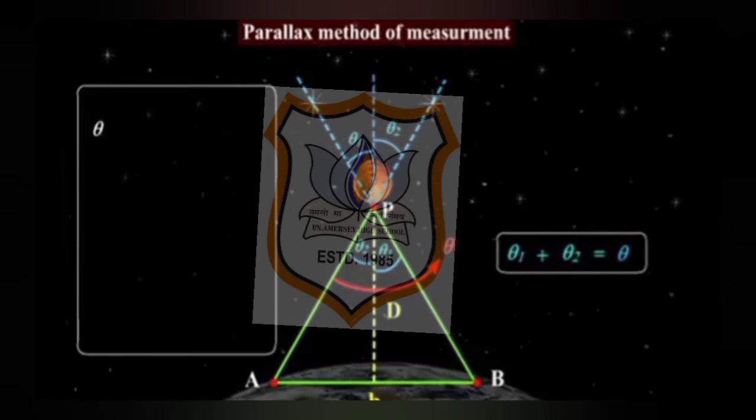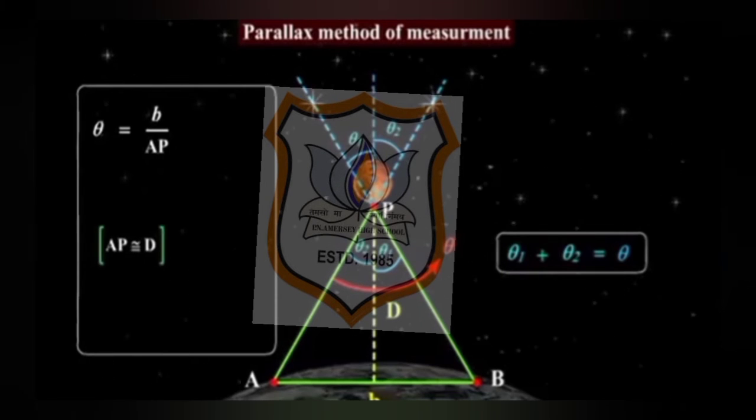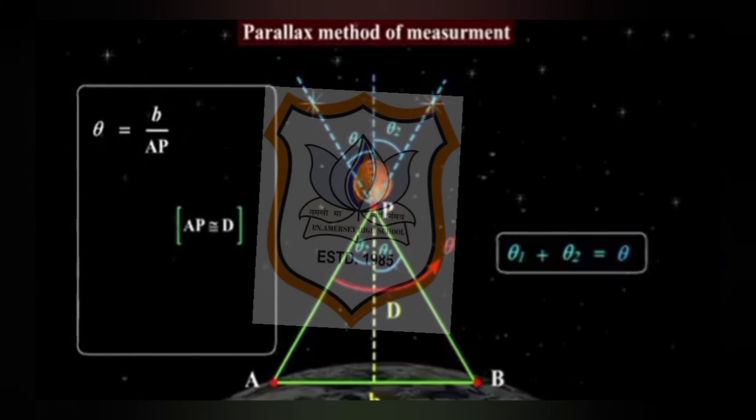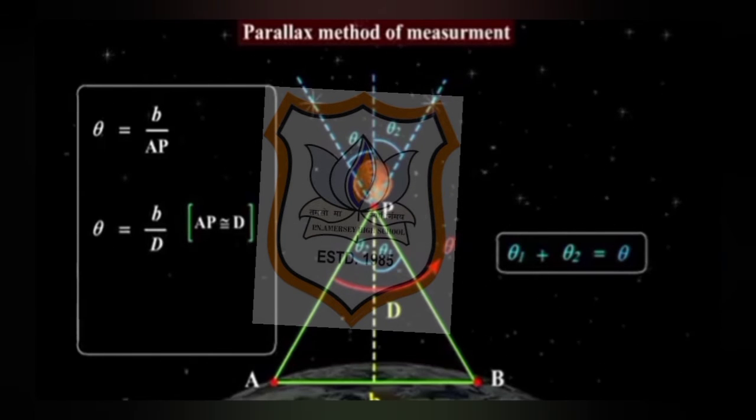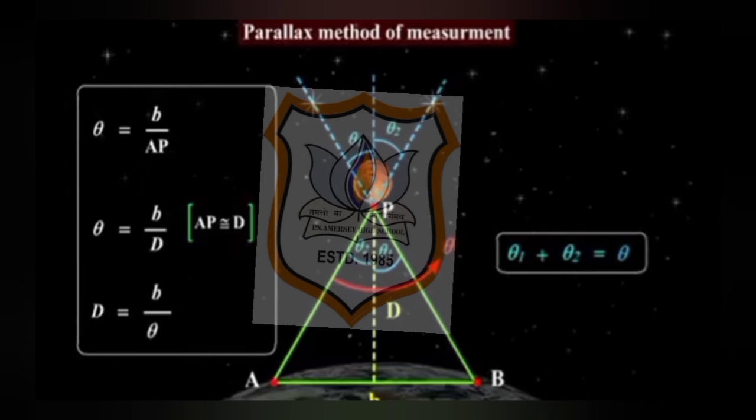Now, theta is equal to b by AP. But AP is nearly equal to d. Thus, theta is equal to b by d, or d is equal to b by theta. Thus, using parallax, we have measured just how far away planet P is from Earth.